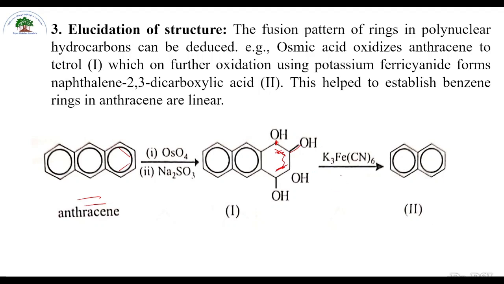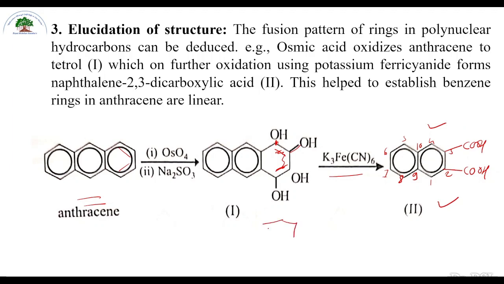This tetrol, after further oxidation with the help of potassium ferricyanide, gives naphthalene-2,3-dicarboxylic acid. This is naphthalene, with numbering 1 to 10, but the product is naphthalene-2,3-dicarboxylic acid. This is the right structure.